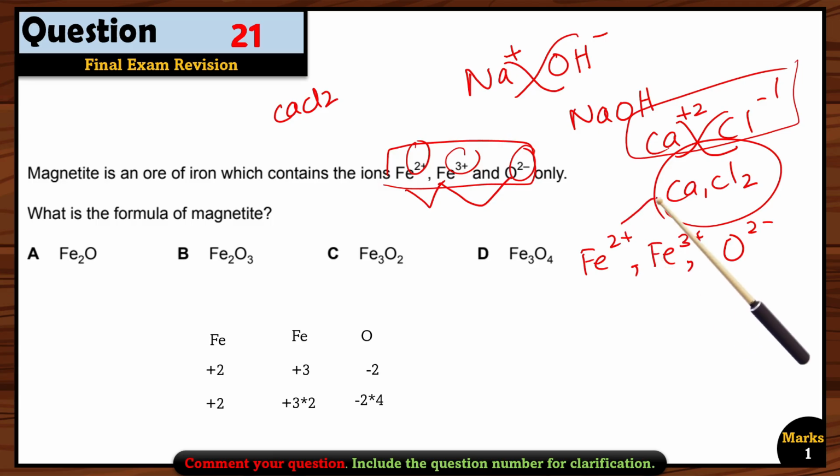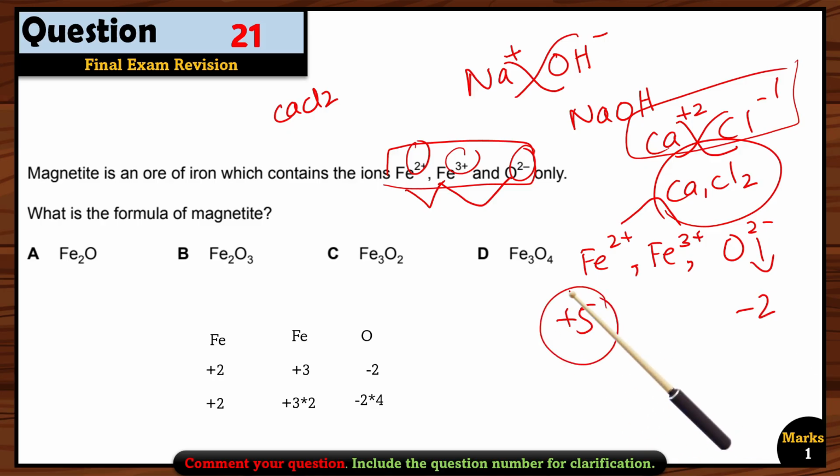So how many positive charges do we have? We have 5 as a positive charge, right? And we only have -2 charge from oxygen. We cannot make it plus 2, right? So we have to make it -5, but it is not possible because this is an odd number. We cannot change it. So what will be the right option to do?